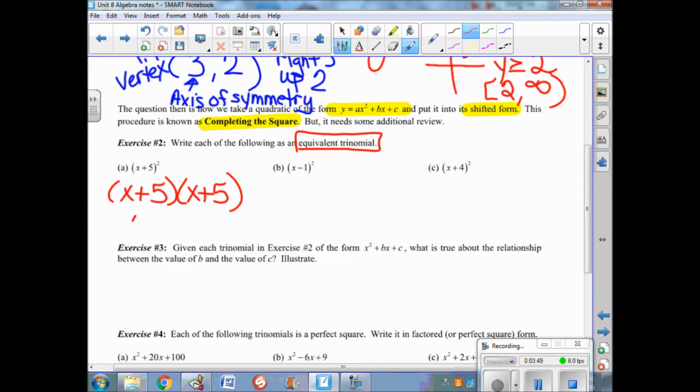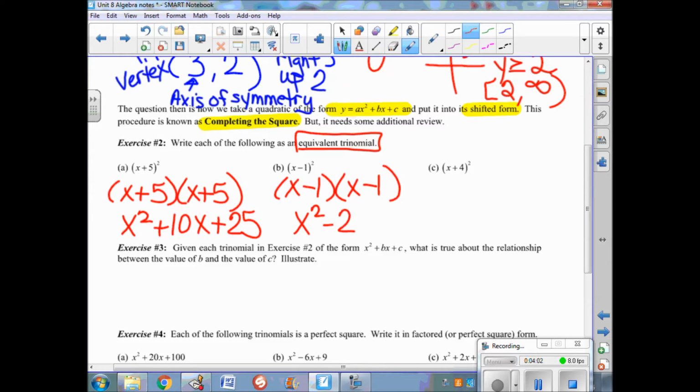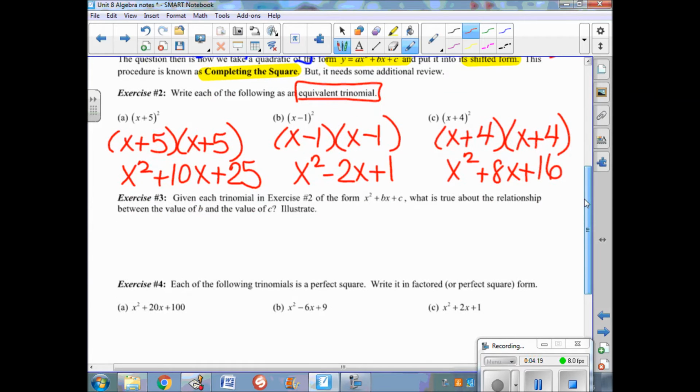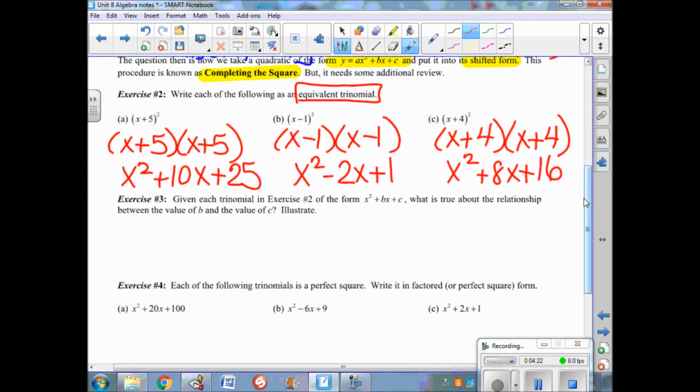When I double distribute and combine like terms, this is what I would end up with. In B, again double distributing, I'd end up with that. I'm doing these pretty quickly because you are very good at double distributing. And this one I'd end up with x squared plus 8x plus 16. So we reviewed what it means to square something: multiply it by itself.